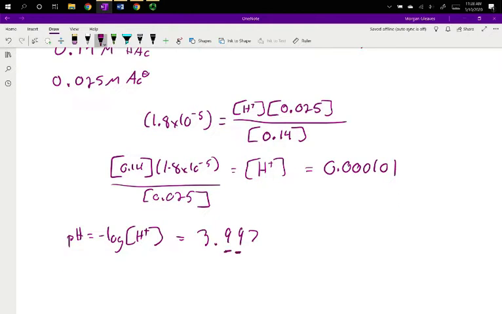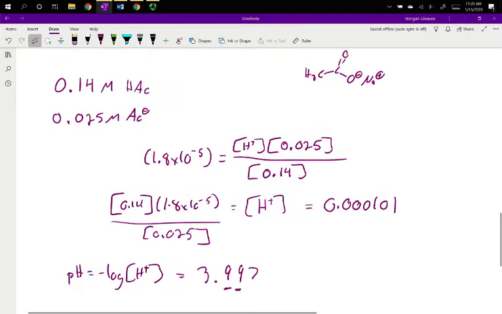And what we haven't talked about yet: when you have a log, the number in front of the decimal technically doesn't count for sig figs. We'll address that more in a future video. But this would be 4.0. 4.00 is what it would round to. So this is a fairly acidic solution, and we have significantly more acid than we have base.